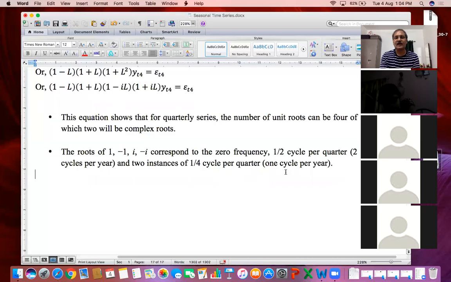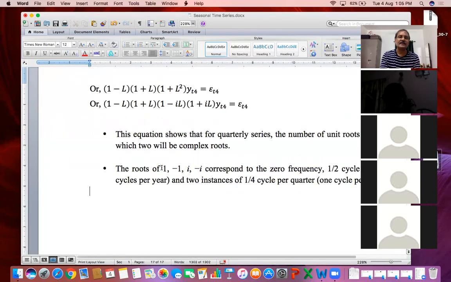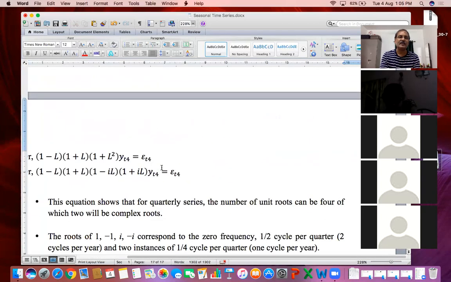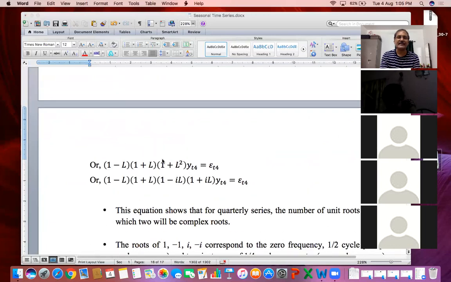The behavior of the 1 cycle within a year is obtained from the roots I and -I. These are the complex parts of the characteristic roots that you have got by setting the polynomial equal to 0.